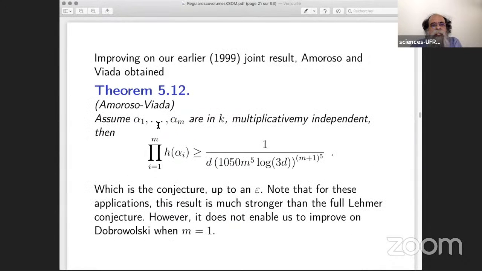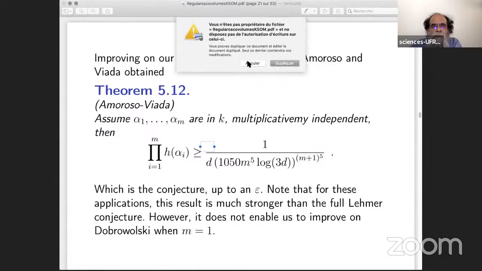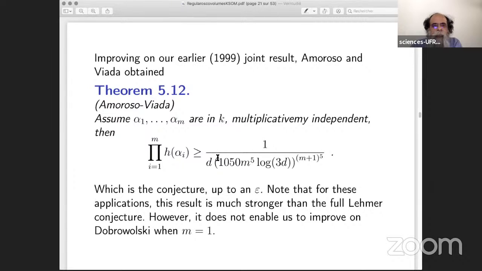And so in '99, we obtained a lower bound for the product of the heights, which was in terms of 1 over d times log of d to some power, with an uncomputed constant and a constant depending on m, which was also not computed. Okay, and Amoroso and Viada, a couple of years later, improved that with an explicit value of the implied constant, and also a much smaller exponent, although it's still large.